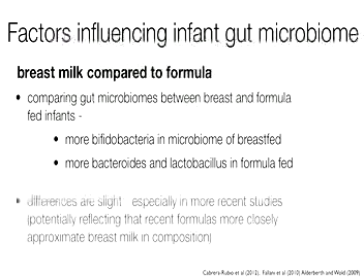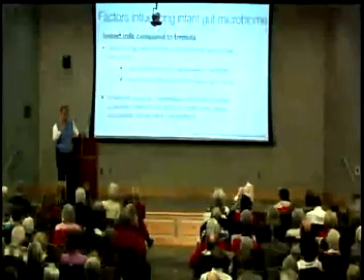But these differences are relatively slight, which suggests a couple things. One of them is that the more recent studies that show the slight differences potentially reflect the fact that infant formula now more closely mimics the nutritional components of breast milk. So by mimicking the nutritional components of breast milk, it is allowing very similar populations of bacteria to thrive.